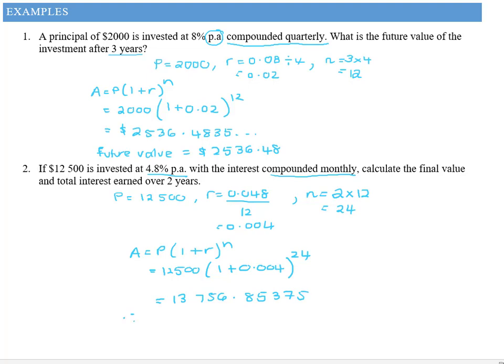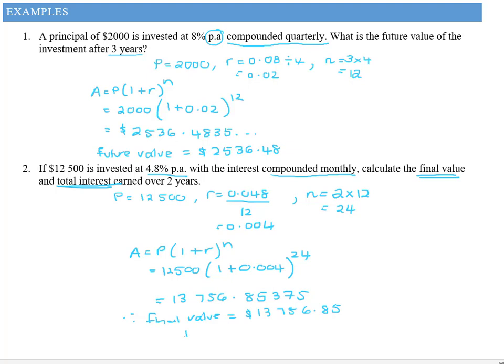So if I read my question again, it says calculate the final value. So the final value is what this is worth now, which is $13,756.85, and the total interest earned.